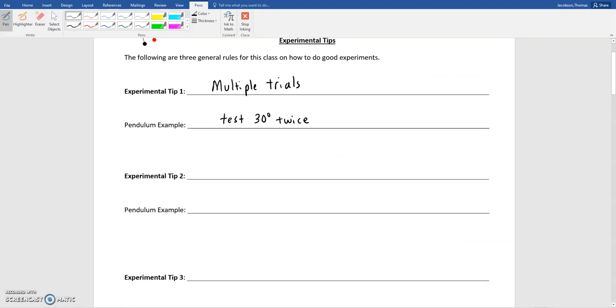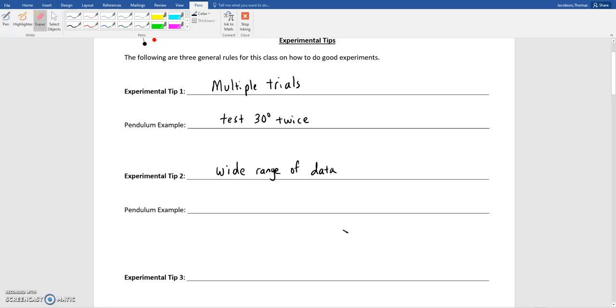Next step is to have a wide range of data. So what most of you guys would not do is go and test 10 degrees and then 11 degrees and then 12 degrees, because they're so close to each other that by changing it by 1 degree, you might not see any change in the period at all.